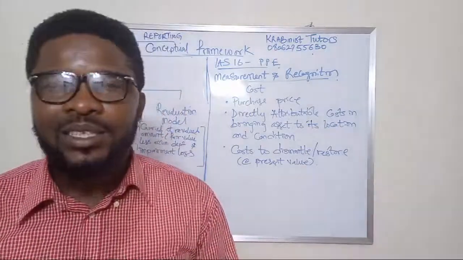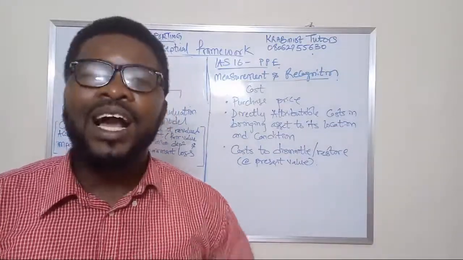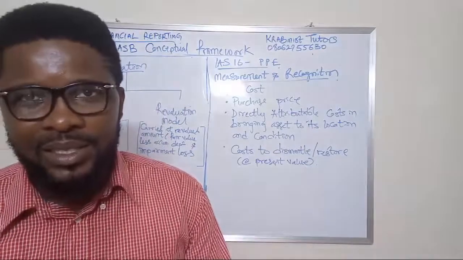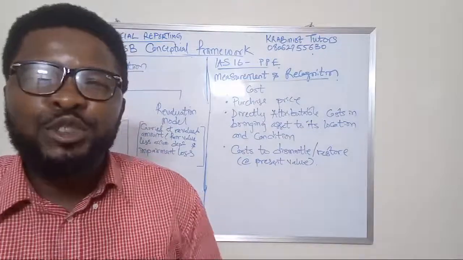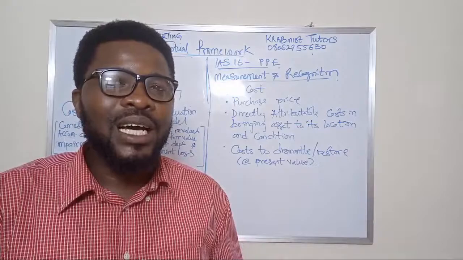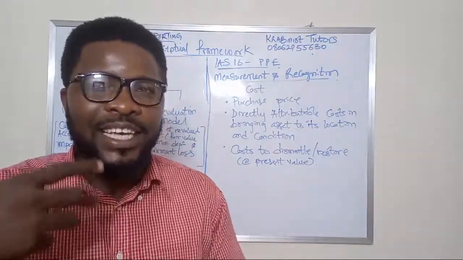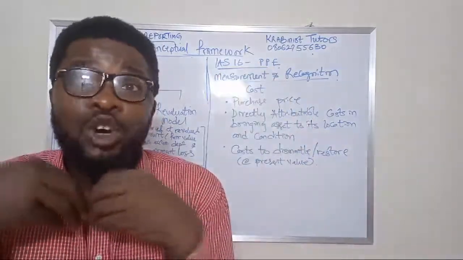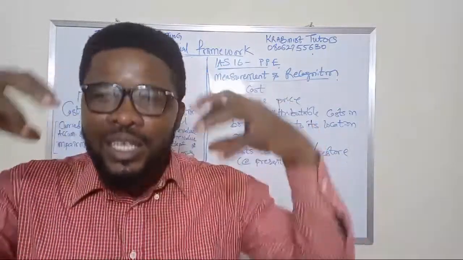All those machines they have there qualify as PPE. Things that you spend money on, generally which you use in the company, not things that you buy and want to resell. Things like the head office of UBA, which is at Marina. As long as they are the only ones using it, it falls under PPE.